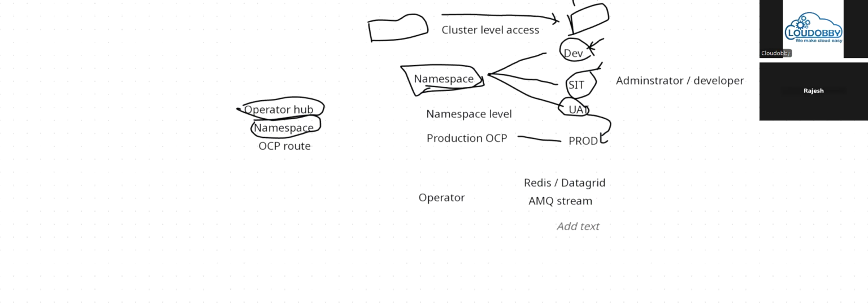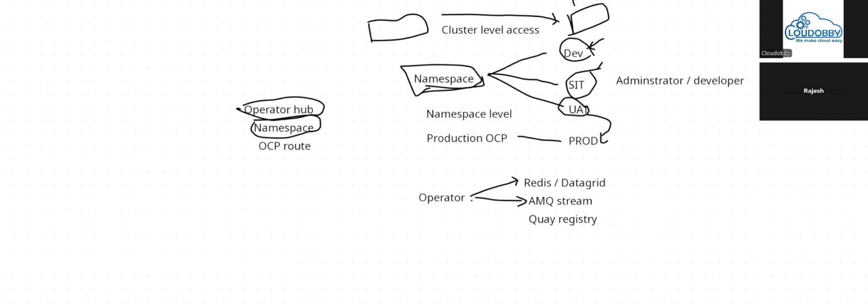For example, you need an image registry. There is a Quay operator available where you can install this operator and create a Quay image registry. So to understand simply, if you want to install something in OpenShift, you need to first check whether the operator is available. If the operator is not available, you can take the container image and deploy it.